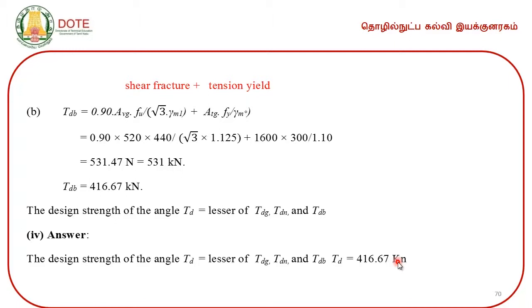And to summarize the design of tension members, the key points that we have to remember are: gross area with yield stress, net area with ultimate stress, and again the yield stress is associated with the relevant partial safety factor. This is point number 1. And point number 2, when we calculate the design strength for block shear, we must know the planes in shear and the planes in tension.